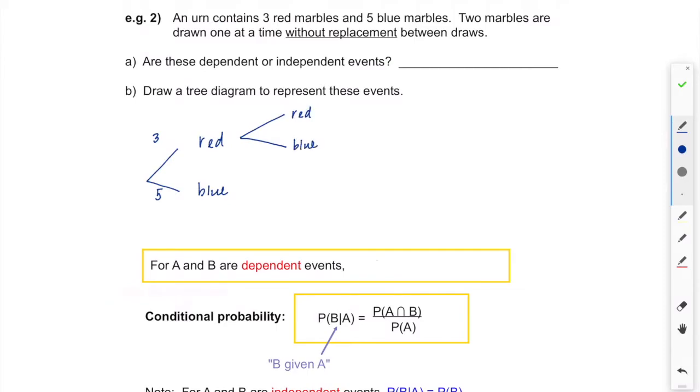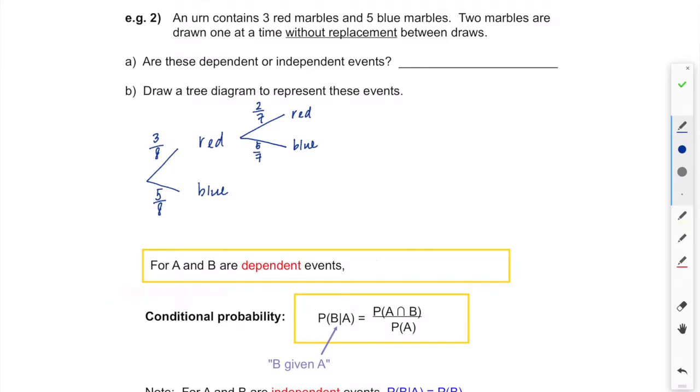However, how many red marbles are left in the urn now? Only 2 because one of them is gone. And to start with, I had 8 marbles in total, but now I only have 7 marbles. Does that make sense? But I know there are still 5 out of 7 marbles that are blue.